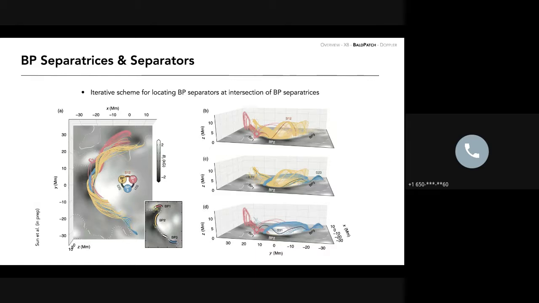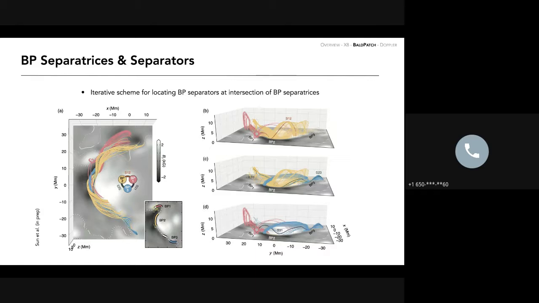So here on the lower panel, you see the inset. You see 3 bald patches that are colored in magenta, yellow, and cyan. These are the 3 bald patches that we're paying close attention to. And if you trace magnetic field lines carefully from the photosphere from these 3 segments, you get these winding field lines in yellow, magenta, and cyan.